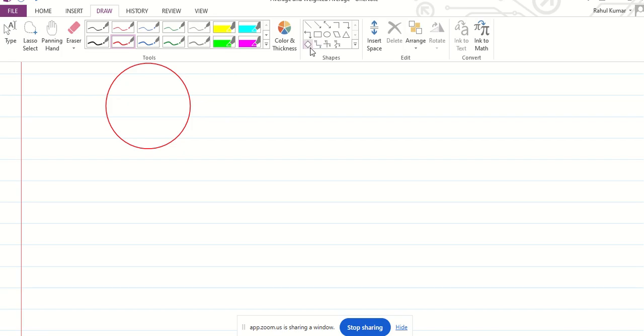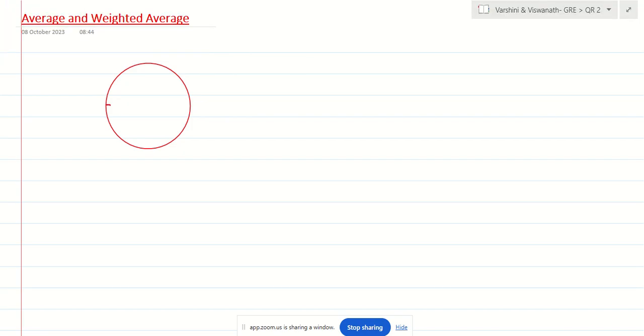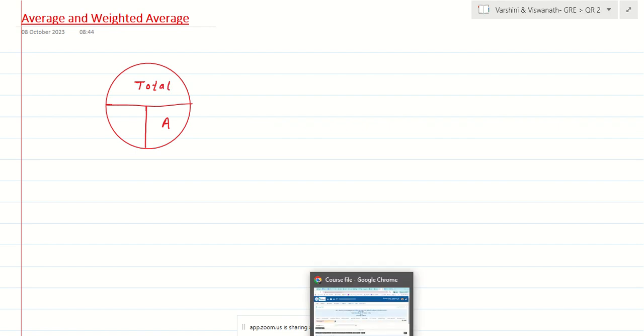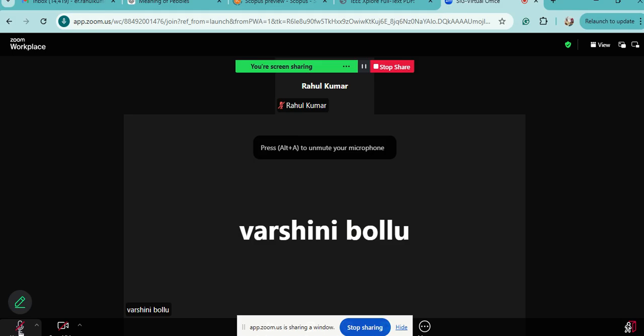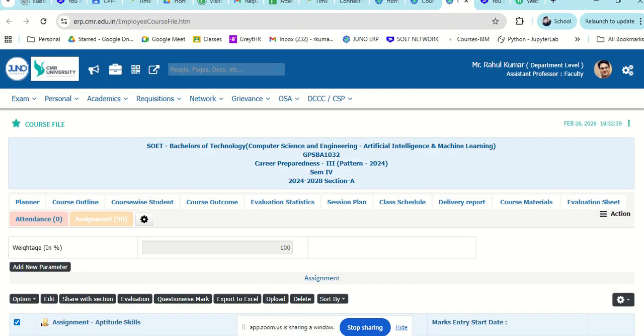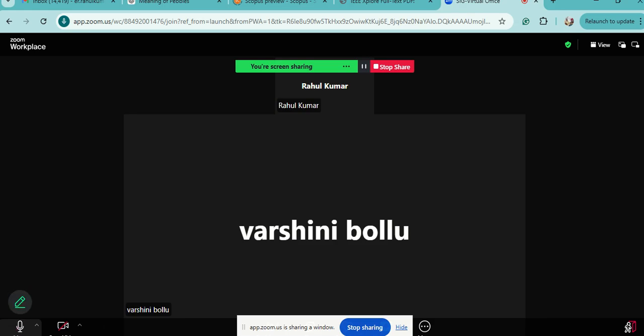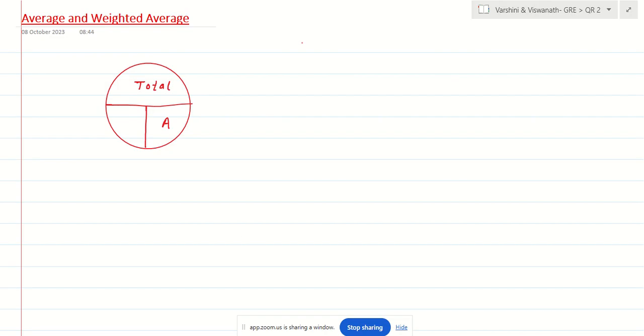The average means total divided by the number of terms.